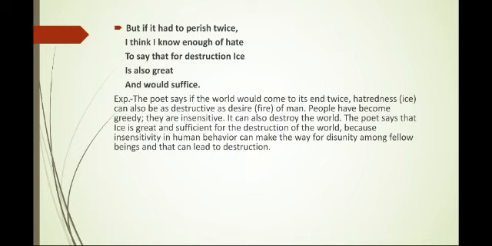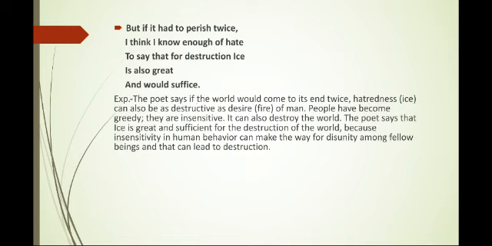In another extract, if we read, we find that the poet says if the world would come to its end a second time, growing desire and hatredness among mankind can destroy the world in the same way.